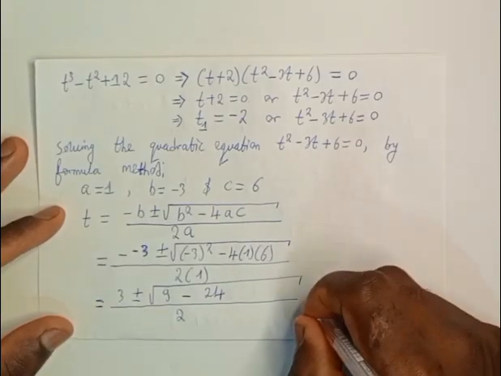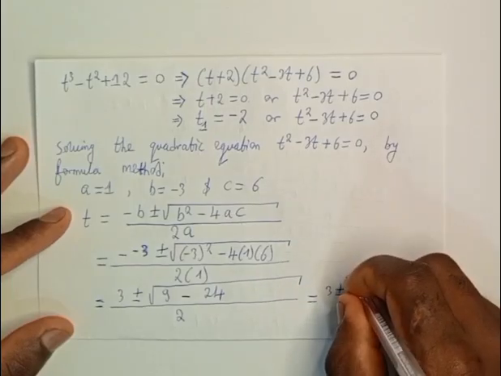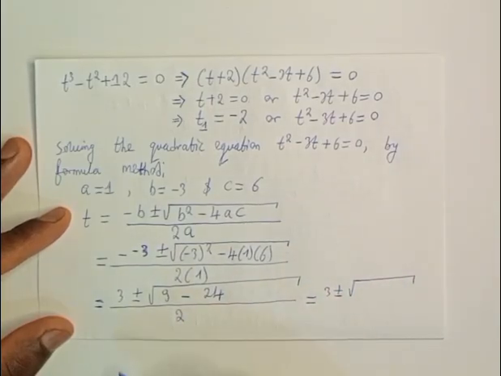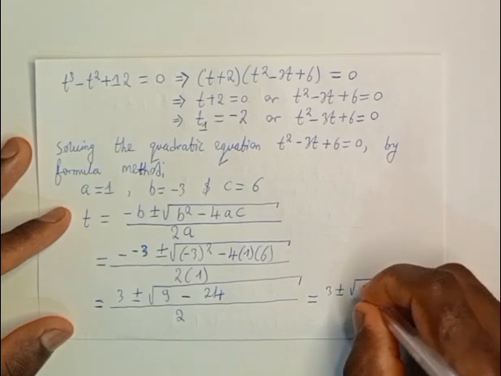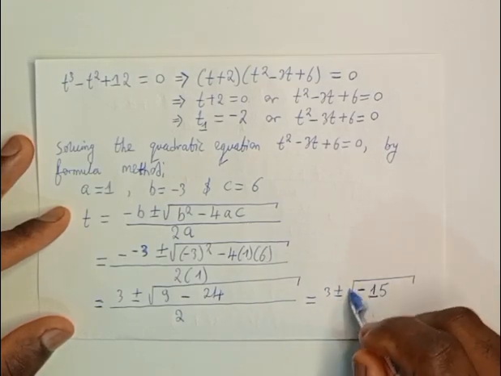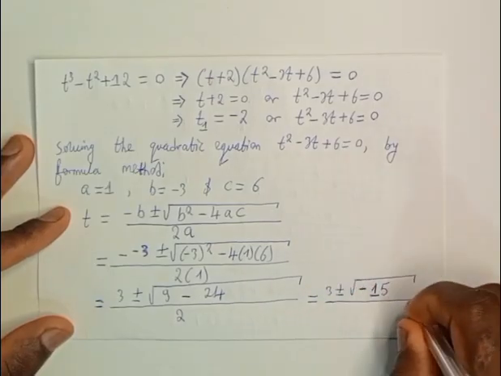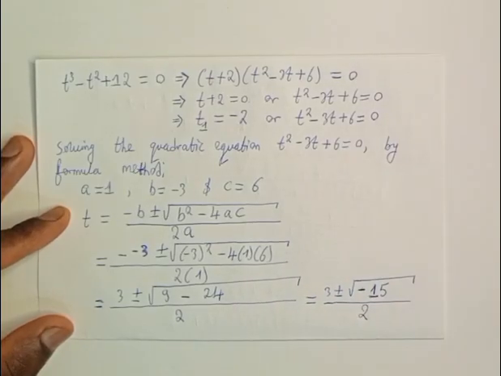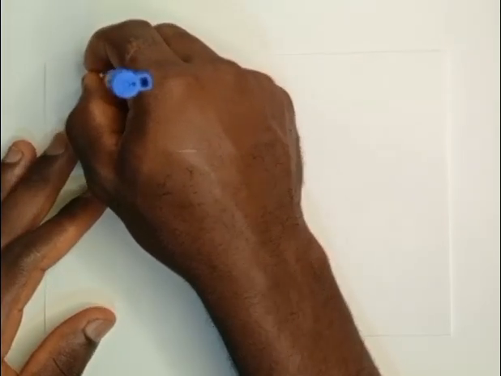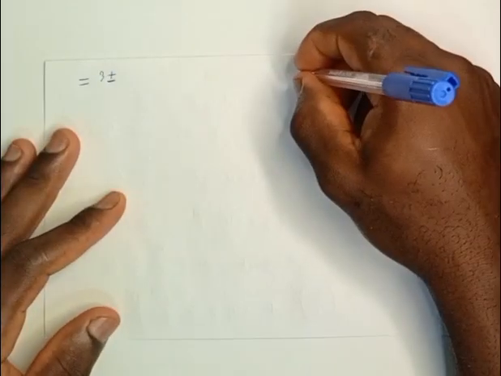This will be equal to 3 plus or minus the square root of 9 minus 24. It gives us negative 15. At the numerator, we have 3 plus or minus the square root of negative 15 all over 2.